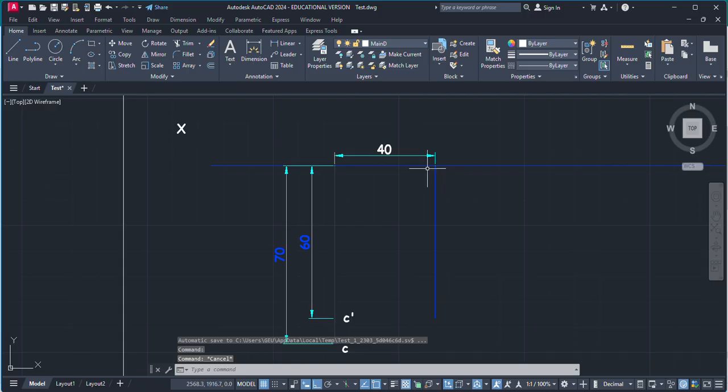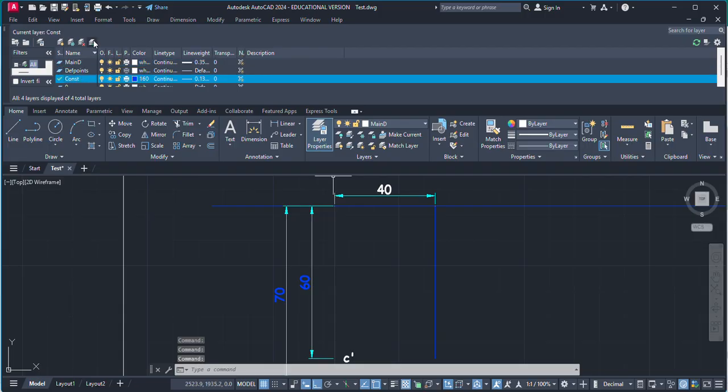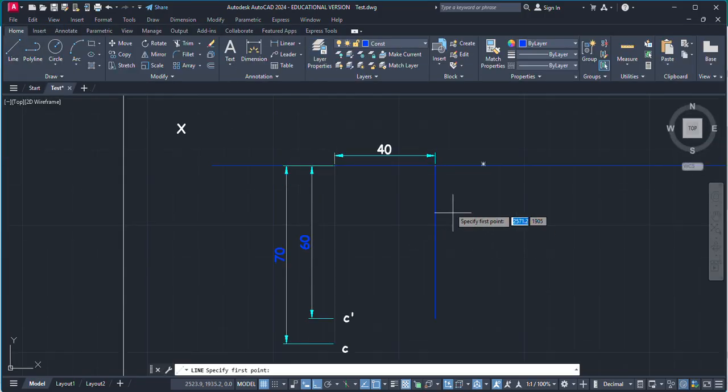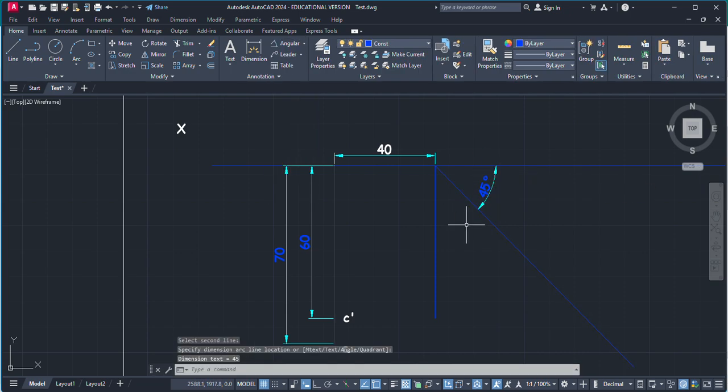Now from this point of intersection, you have to draw an inclined line in the direction of the top view, at an angle of 45 degrees with the XY. The top view is here, so I'm extending this line up to this point. Shift at the rate, tab, minus 45. So this line should be at an angle of 45 degrees, correct?